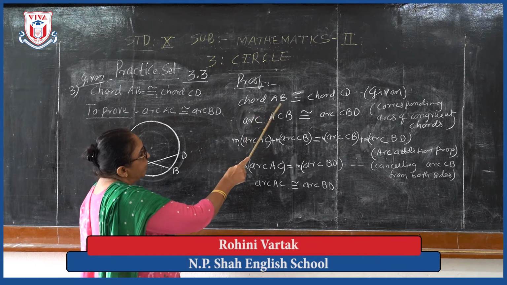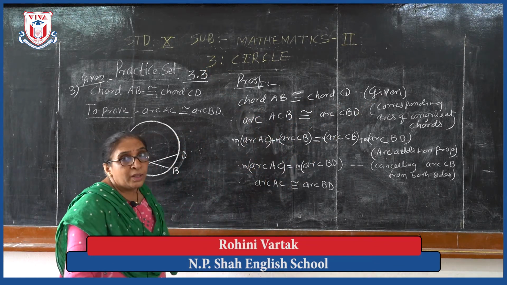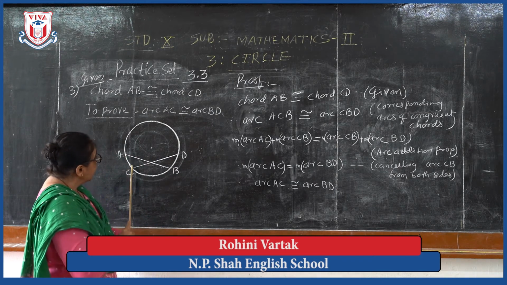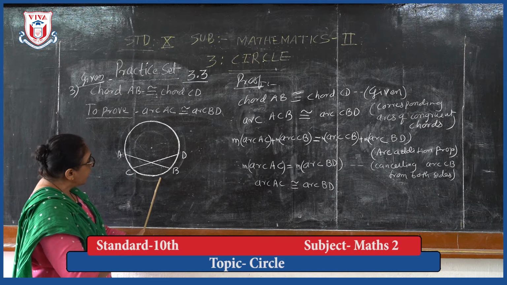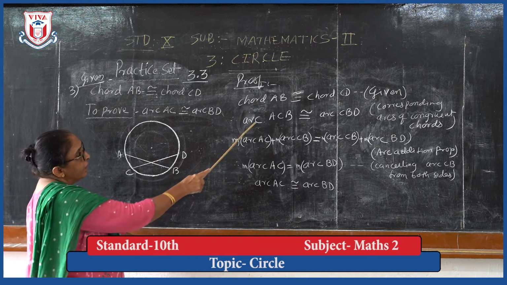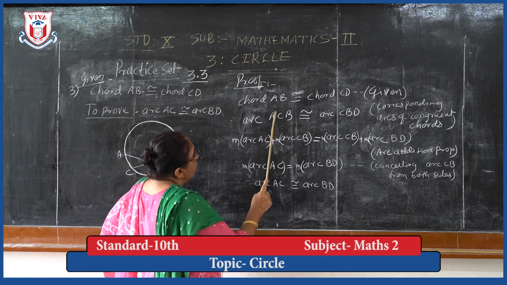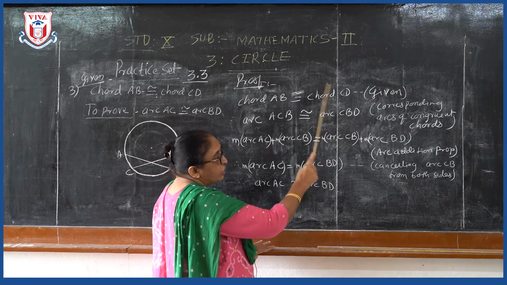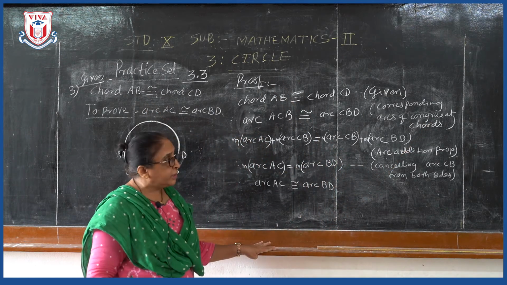See here, chord AB is congruent to chord CD, given to us. For chord AB the corresponding arc is ACB, and for chord CD the corresponding arc is CBD. So arc ACB and arc CBD are also congruent, being corresponding arcs of congruent chords.